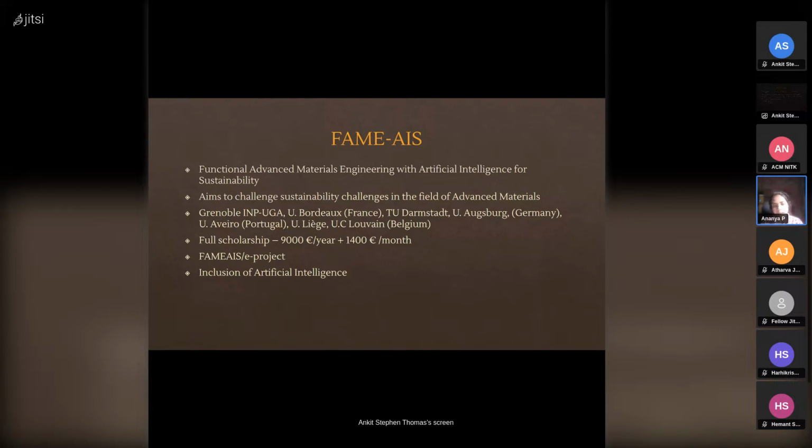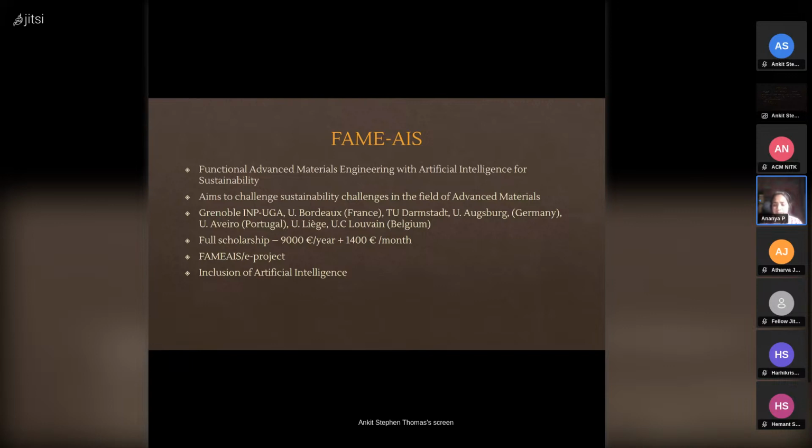And another specialty of this is something called the FAME AIS project, which is a collaboration project between the partners who are associated with this program. Each program has a number of industrial partners, where you can be doing your internships, or if you get lucky, you can even get a placement in those companies.